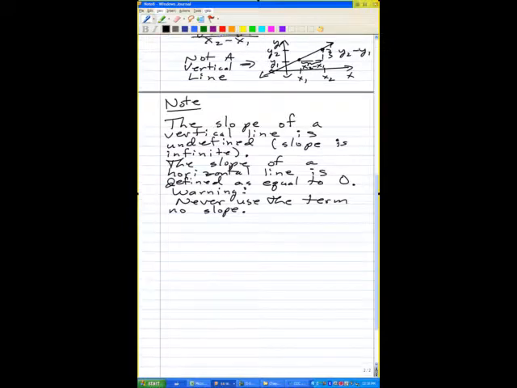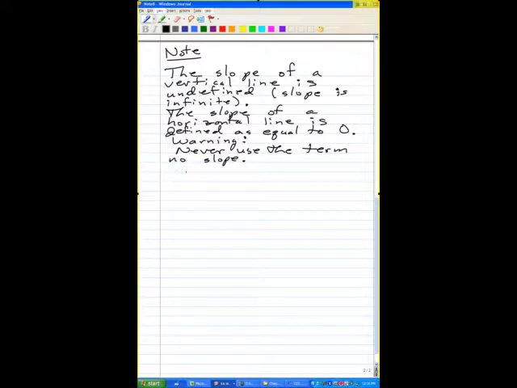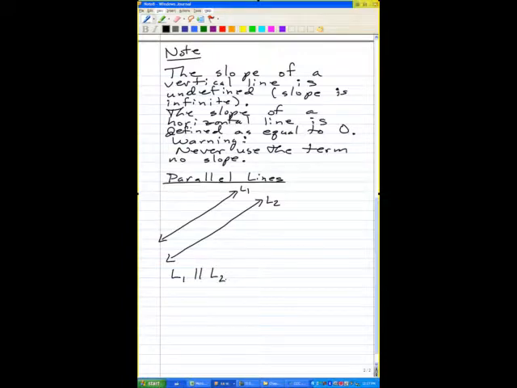Okay, let me give you some additional terminology. Parallel lines. So two lines in the plane, let's say L1, L2, are said to be parallel, and it's denoted by these two parallel lines in between, if they never intersect in the plane.